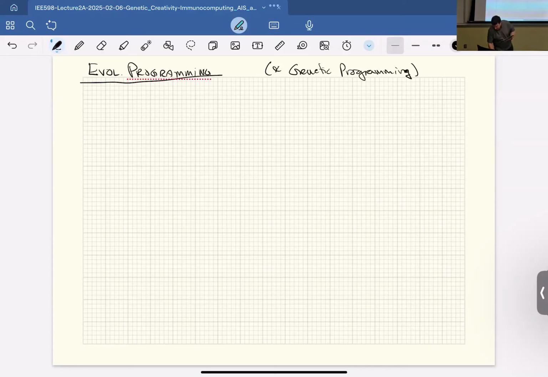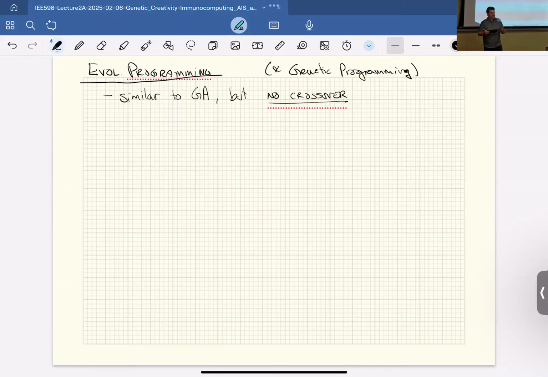But evolutionary programming is similar to GA, and in some ways similar to ES, but it's not real valued. And, this is important, no crossover. Genetic programming adds crossover back. Evolutionary programming does not. That's important.